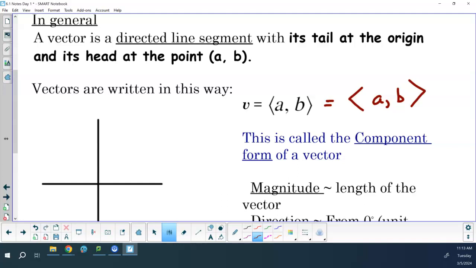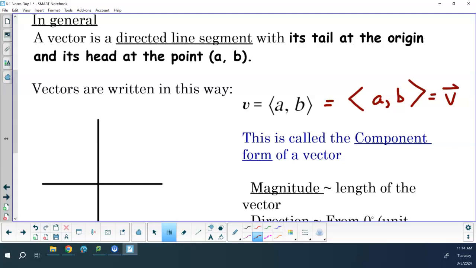So a vector is made up of magnitude and direction. When we write vectors, sometimes we'll write them in italics, but you don't necessarily have to. Another way of writing vector v is v with an arrow over the top of it.